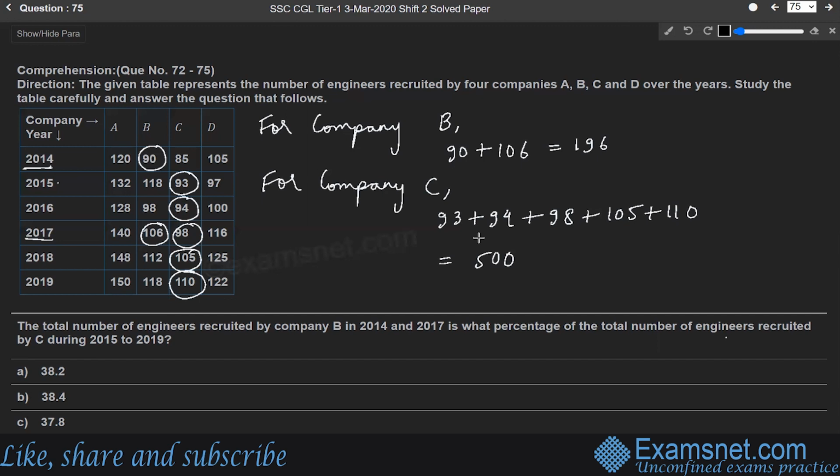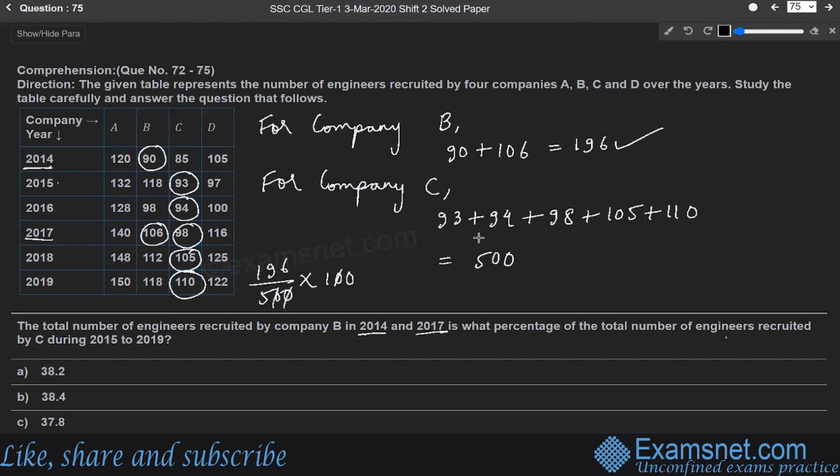It means that company B recruited 196 engineers in the years 2014 and 17, and company C recruited 500 engineers from 2015 to 2019. We have to find its percentage. So percentage will be 196 divided by 500, multiplied by 100. 196 is the total number of engineers recruited by company B in the years 2014 and 17, and 500 is the total number of engineers recruited by company C from the year 2015 to 2019. So 196 by 500 into 100 gives the percentage.